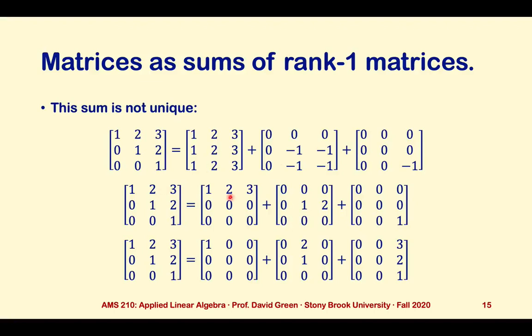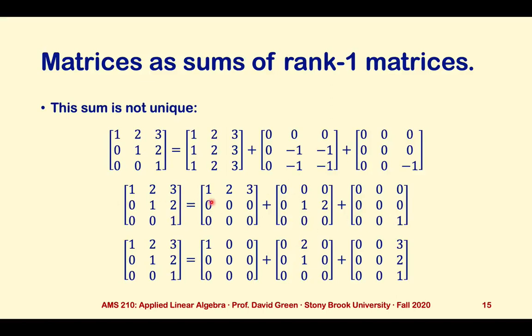I could also have simply taken 3 matrices that have 2 zero rows each and has the single row, either the first, the second, or the third, and this gives us this sum.